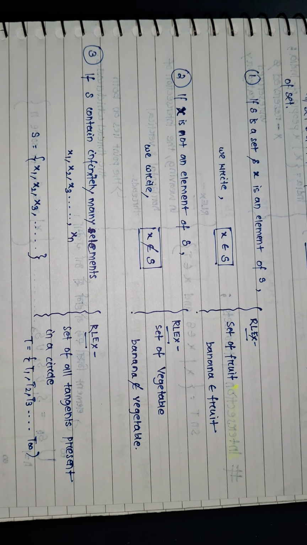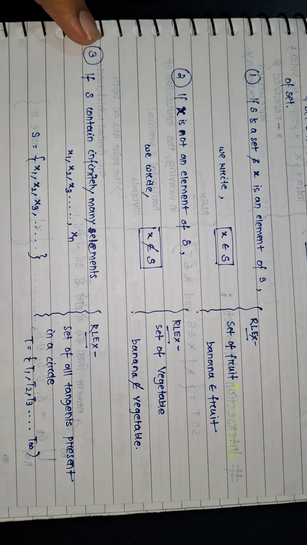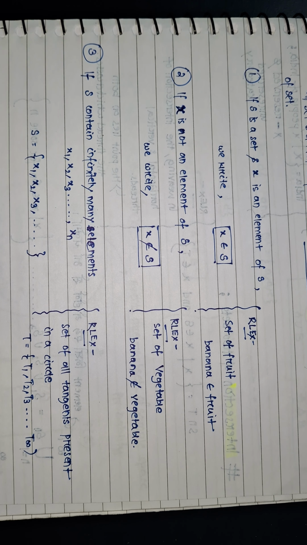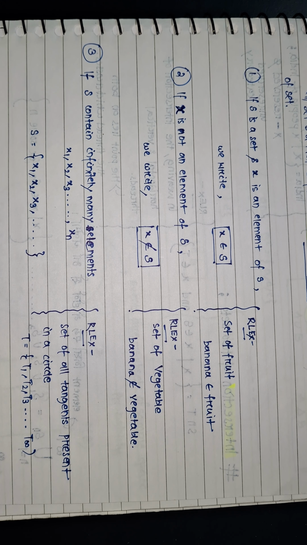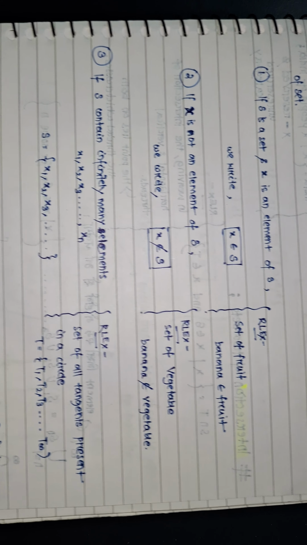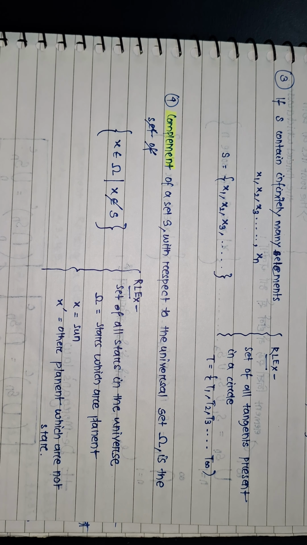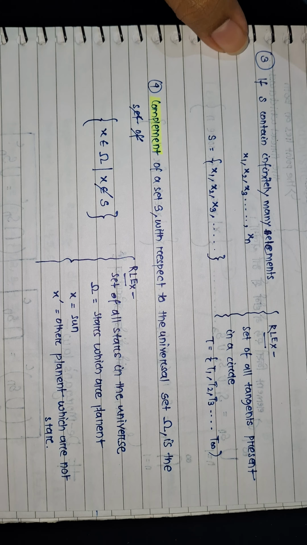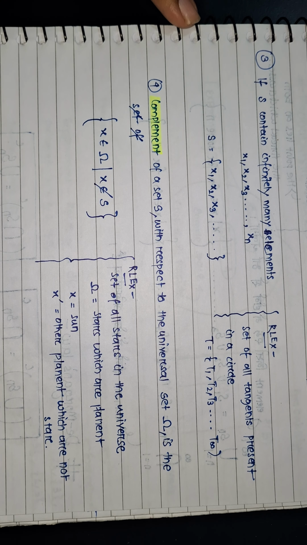Complement of a set with respect to the universal set omega. Before understanding this one, please understand the real life example first, then we will be able to understand the written part. The real life example states that the set of all stars in the universe is a set.